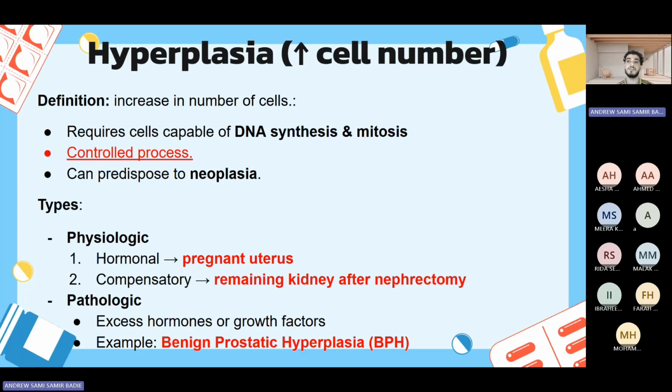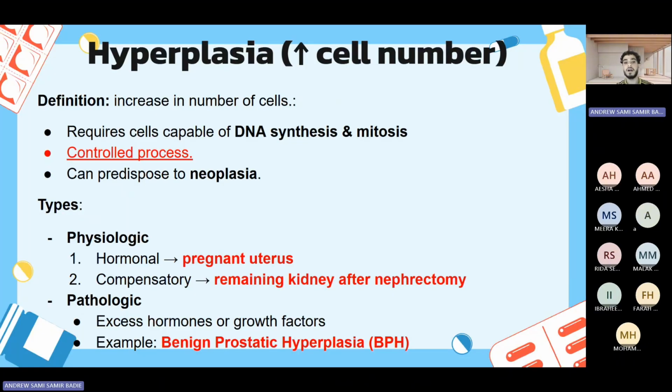The skin can regenerate and it can adapt, so it can undergo hyperplasia. Now, keep in mind this is a controlled process, so it's the body's normal physiological mechanism. And if it does become uncontrolled, it can predispose to neoplasia or cancers or tumors. So there's a difference between cancer and normal hyperplasia. If it's cancerous or neoplastic, there's uncontrolled hyperplasia. But here it's fully controlled.